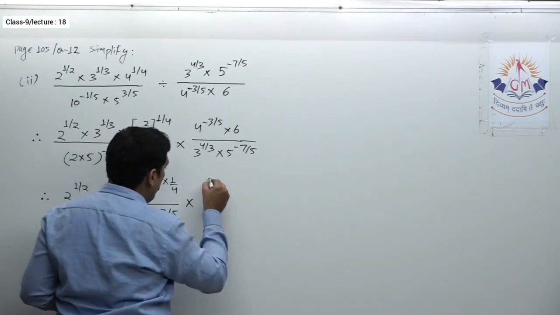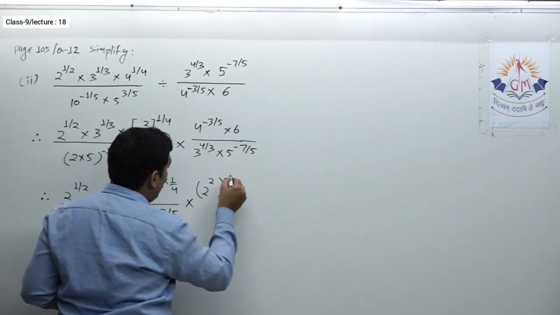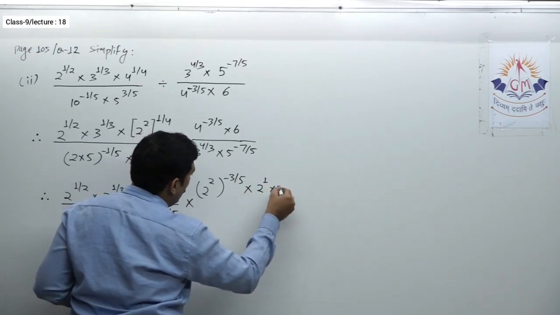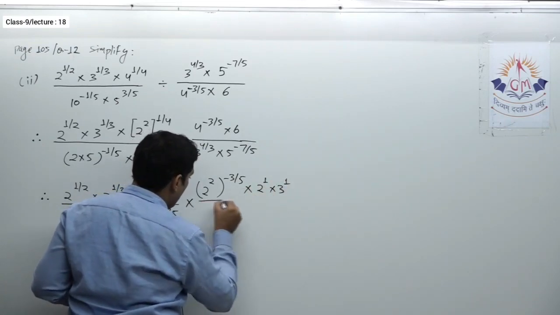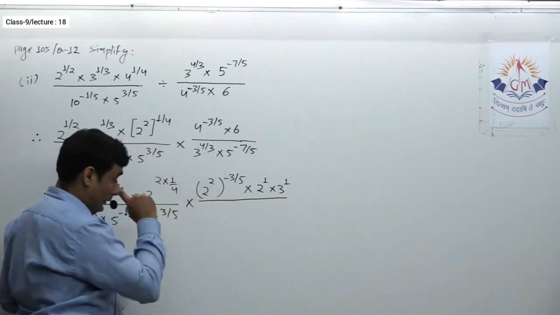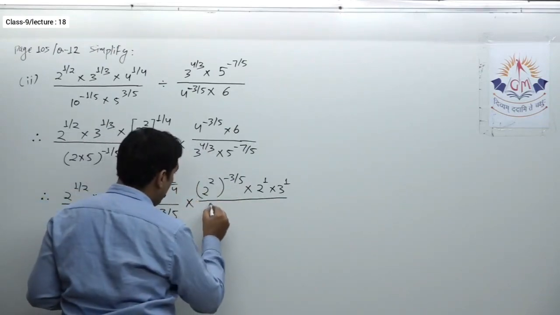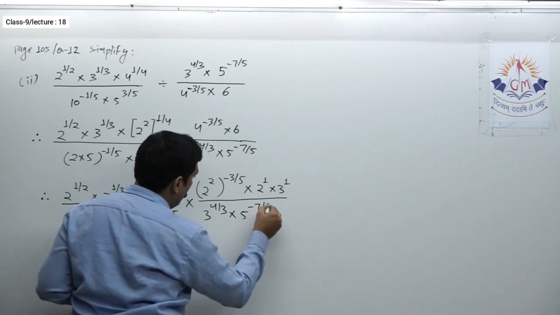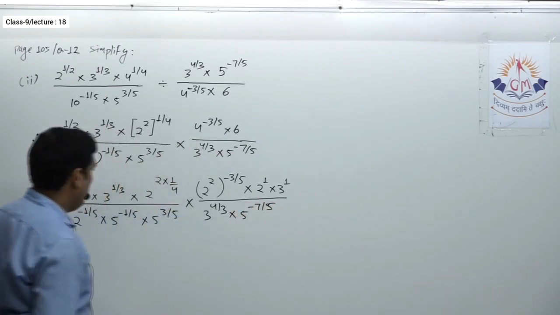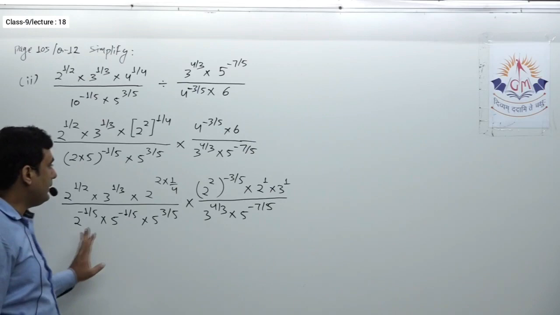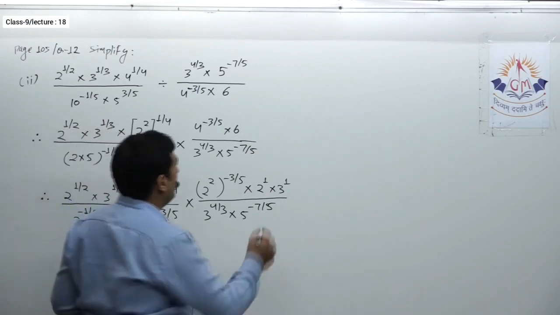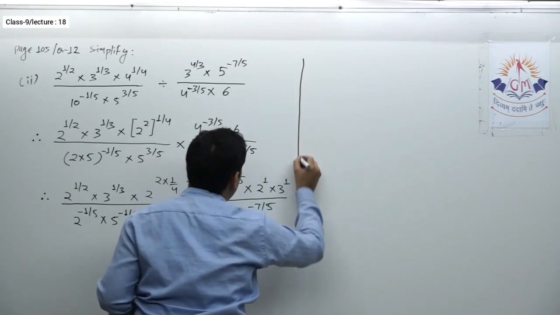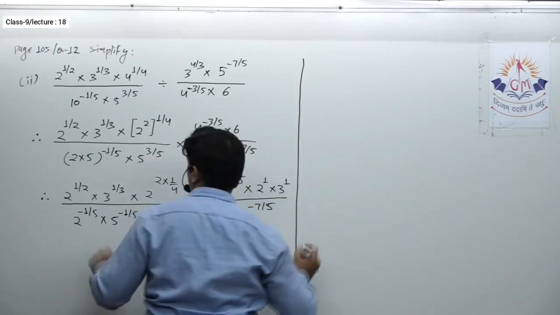So 2 square raised to minus 3 by 5 multiplied by 2 raised to 1 into 3 raised to 1. 6 I wrote as 2 into 3. Now this 3 raised to 4 by 3 into 5 raised to minus 7 upon 5. So here I can say all terms now have the base either 2 or 3 or 5 or 7. That means a prime number.